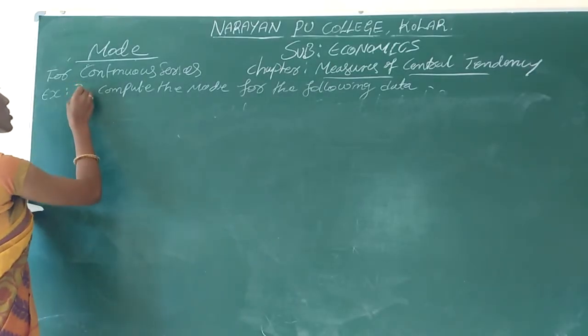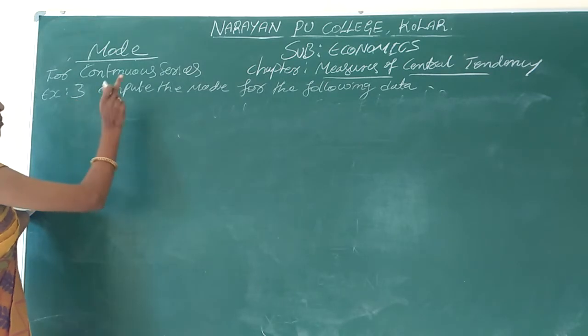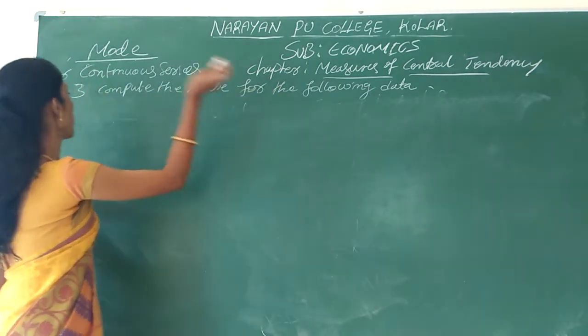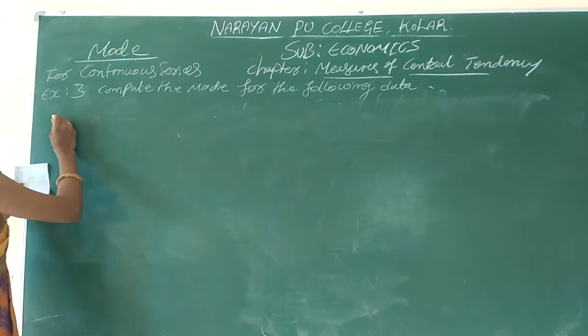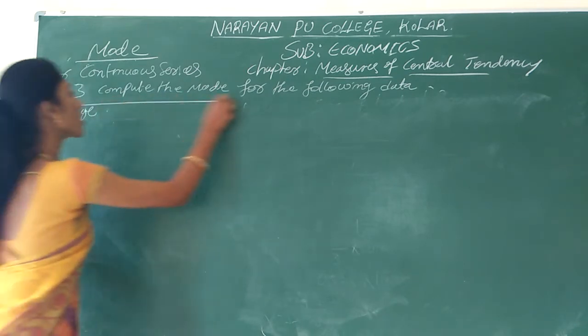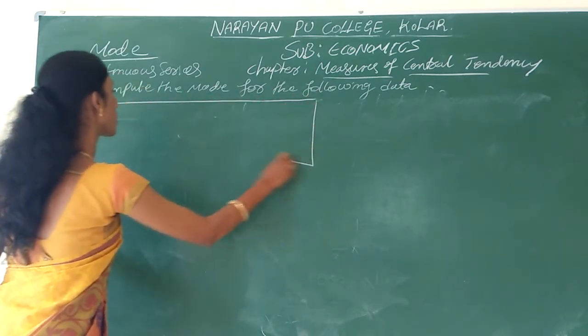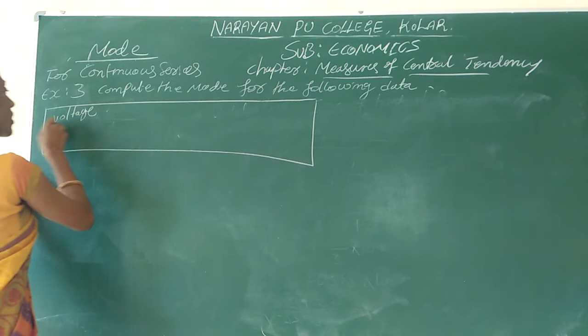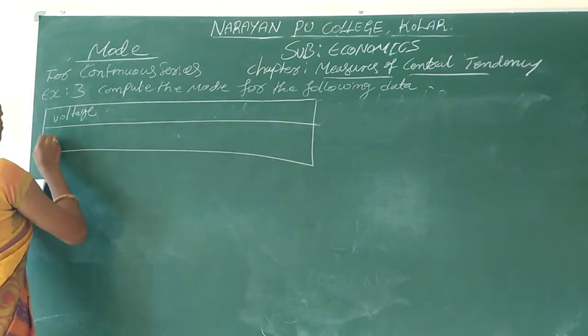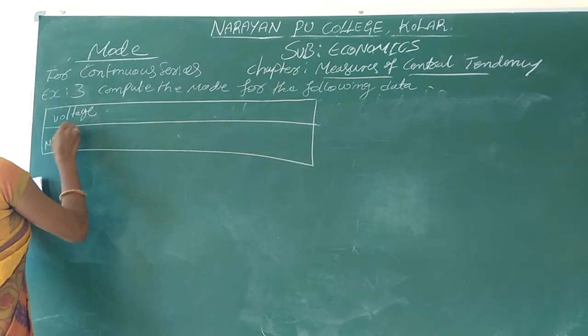Take example question 3, saying compute the mode for the following data. Then they will give data like this: voltage, number of days.